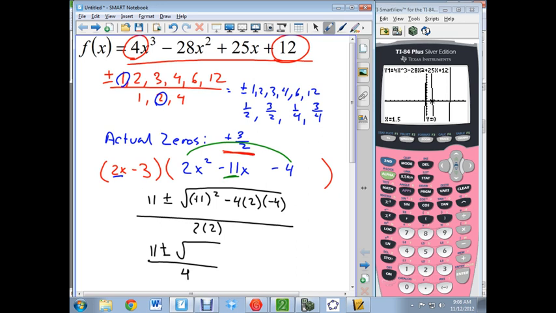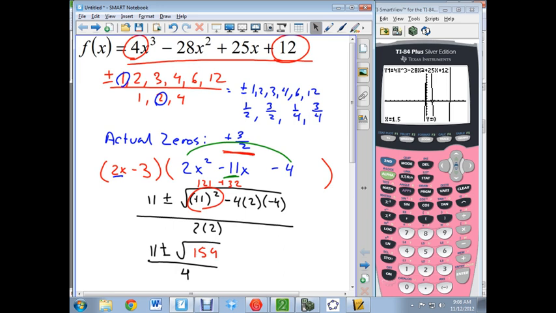What I need to do is figure out what that square root of something is. Negative 11 squared is positive 121, minus 4 times 2 is 8. 8 times 4 is 32, and it'll end up being a plus 32 because it's a negative times a negative. 121 plus 32 would get me 154.